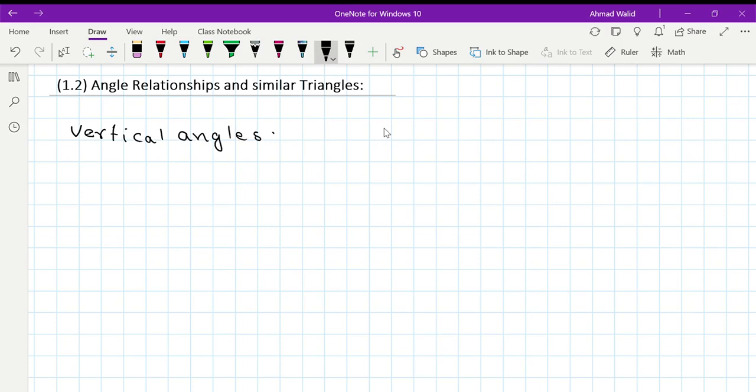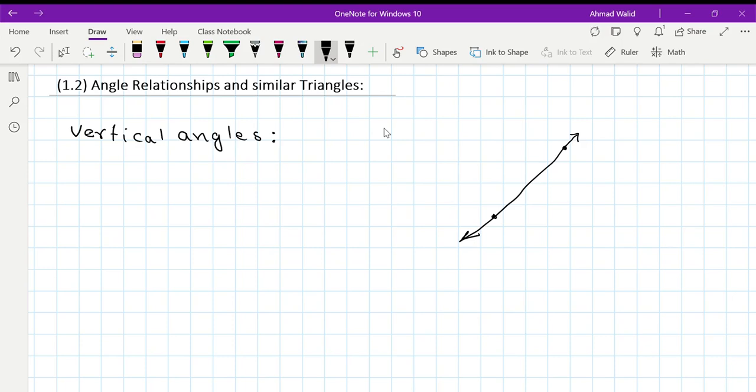What are vertical angles? If I draw two lines, for example, one of them this, and I'll name 2 points in this line.